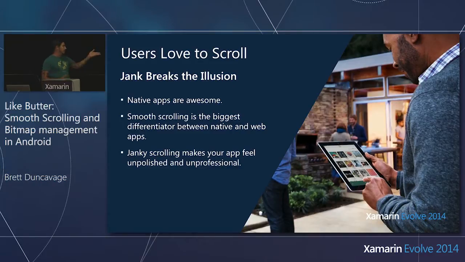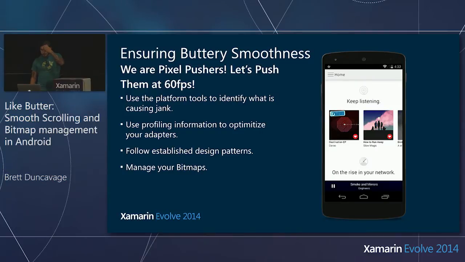Because if the user perceives janky scrolling, even on a subconscious level, your app's going to feel unpolished, a little cheap, and it'll feel like a web app, which we're not building. So how do we figure out the best way to ensure this buttery smooth scrolling?